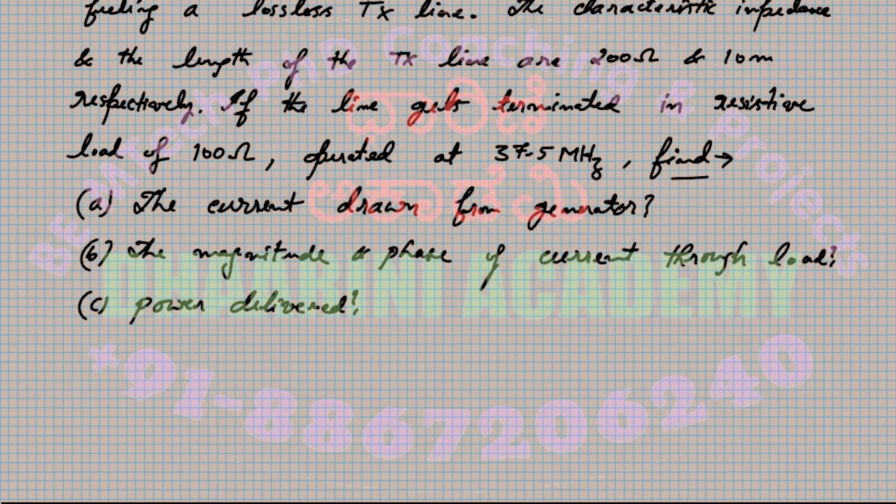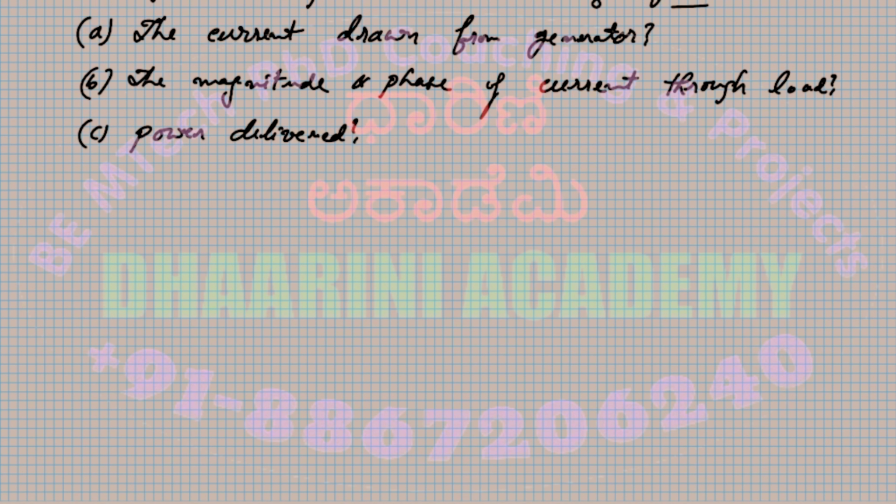So let me write a simple circuit for this. Let's start with the power supply. They say that there is a power supply. It's a voltage source and the value is given. It's an AC power supply, so I can say this is 200 volts, and there is an internal resistance.